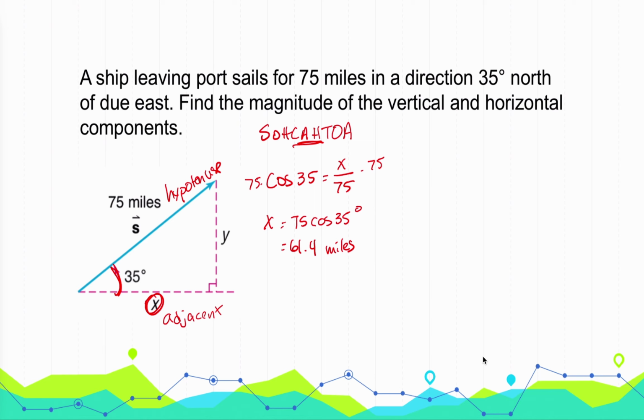Similarly, y is going to be my opposite side. So sine of 35 degrees is y over 75. So y equals 75 sine of 35. And when I put that into the calculator, that gives me 43.0 miles.